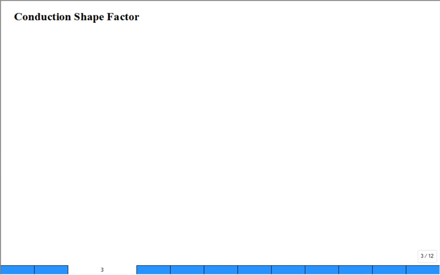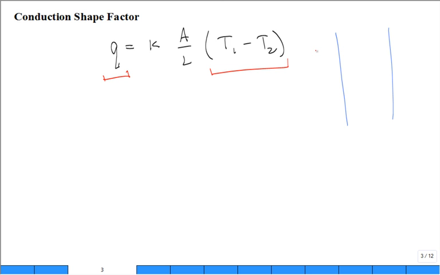Conduction shape factor. This is the equation for Q equal to k A over L, T1 minus T2, or some delta T. Let's try to read into this equation. Here's a flow of heat. This is a temperature difference. So I may have a slab, and everywhere along this edge of the slab is T1, and everywhere along this edge of the slab is T2.